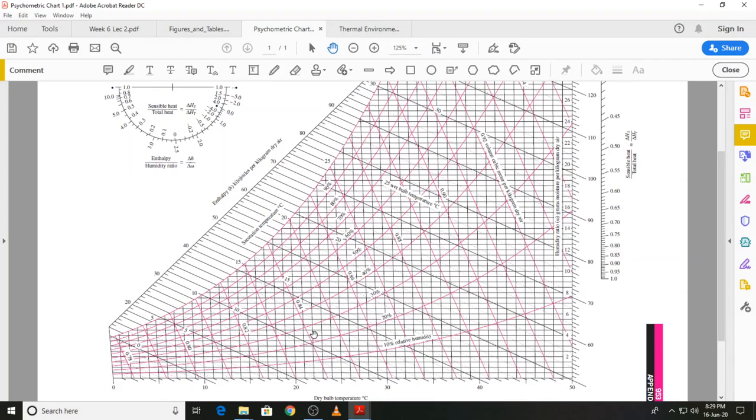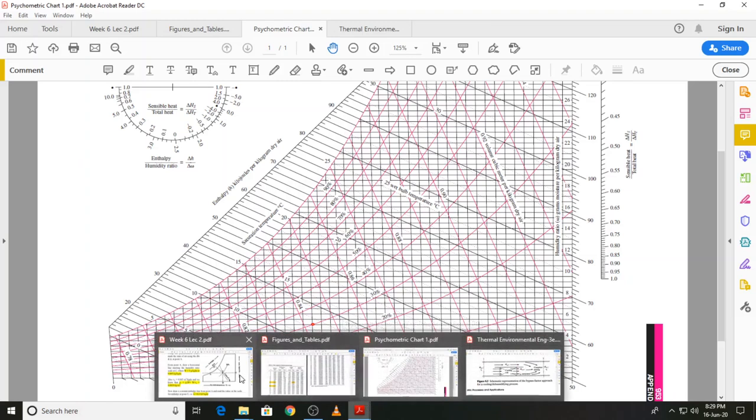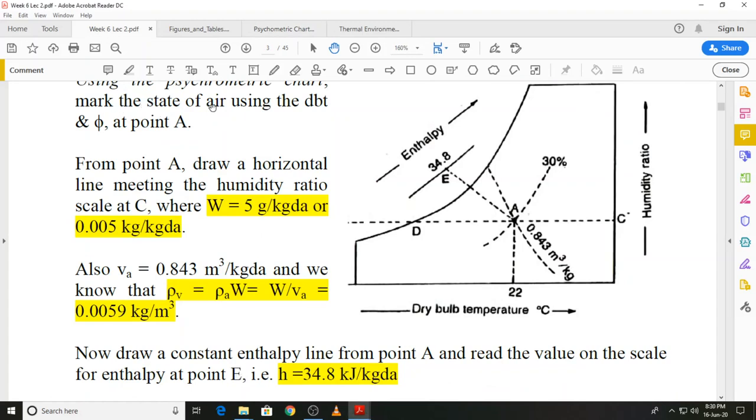You go up, and where it intersects the 30% relative humidity line, that is the state of dry air over here. So that we have done. That was the first step. State of the air is shown on the psychrometric chart.